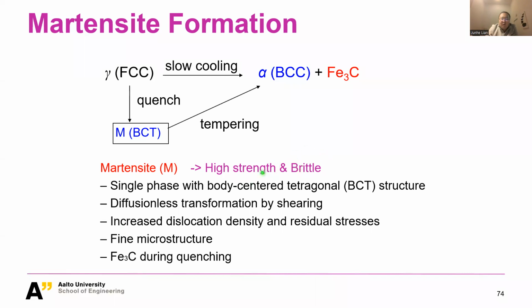And at the same time, due to this very high strength, martensite is also usually rather brittle. Maybe not the way ceramics are brittle, but it really has a very small ductility. I'll show you later.